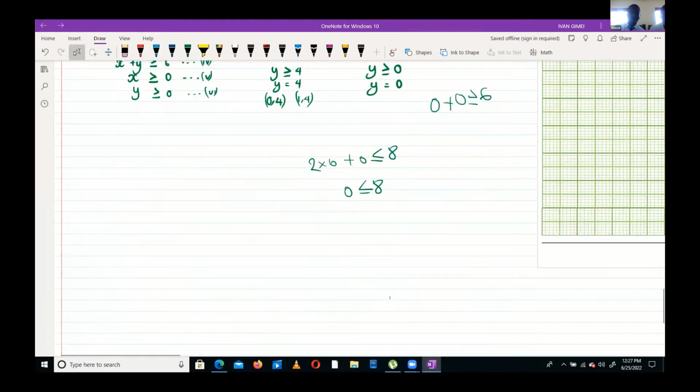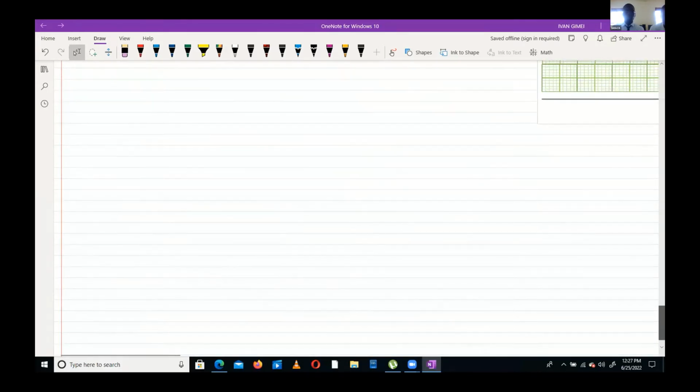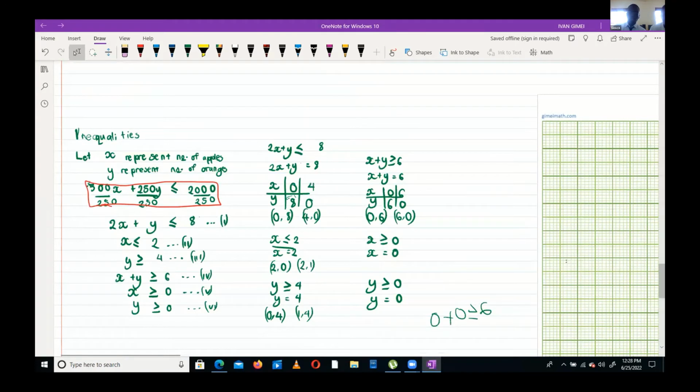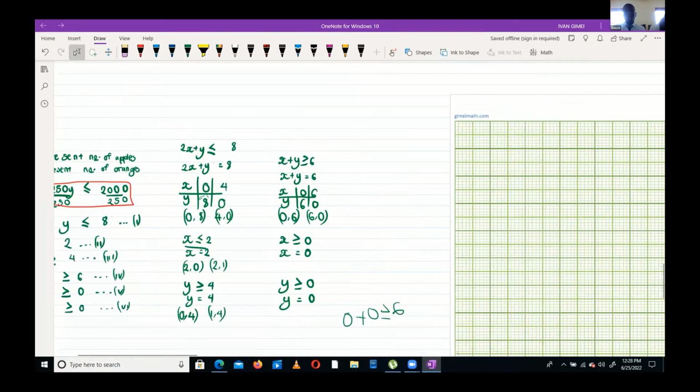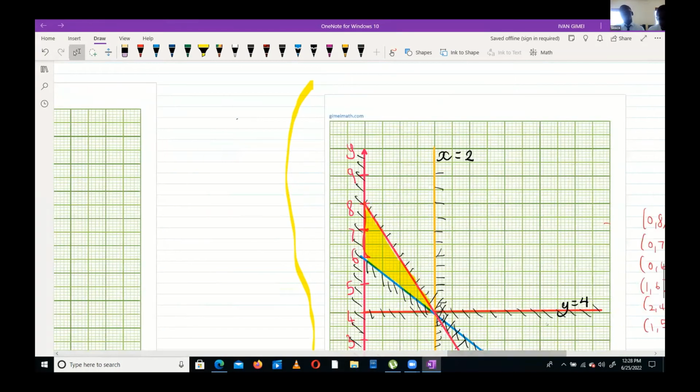So now when minimizing, we need to go back and look at our feasible region. And our feasible region is this one that we have highlighted in yellow.